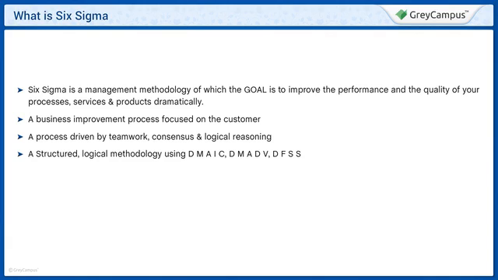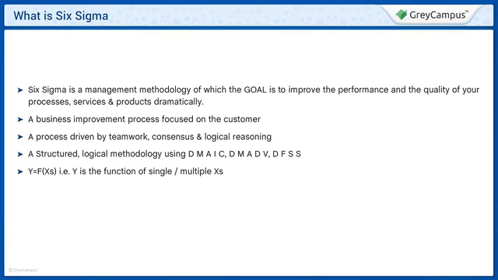The difference between DMAIC, DMADV, and DFSS is that DMAIC is used to improve existing processes, whereas the other two methodologies are used to create new processes.